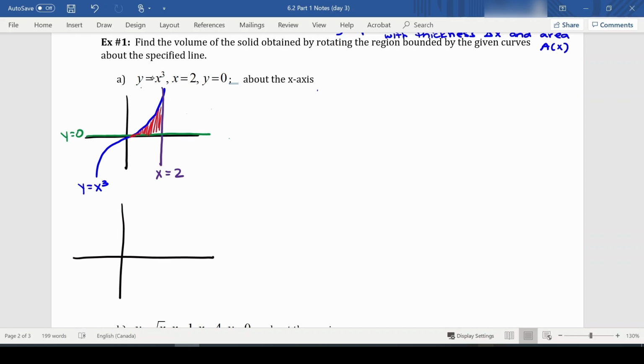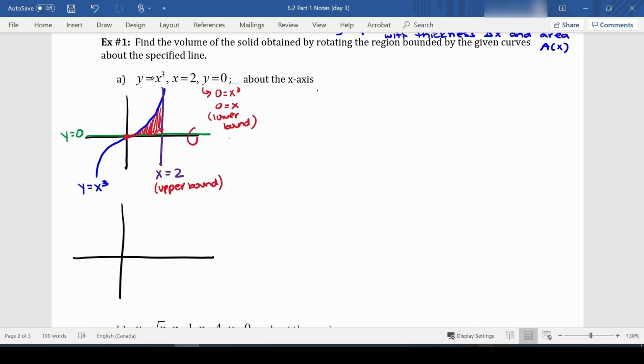It would come all the way down to the origin. Okay. We need to know our lower bound. Our lower bound would be here. So when y equals 0, x would be equal to 0. Okay. So this is going to be our lower bound. This is going to be our upper bound.